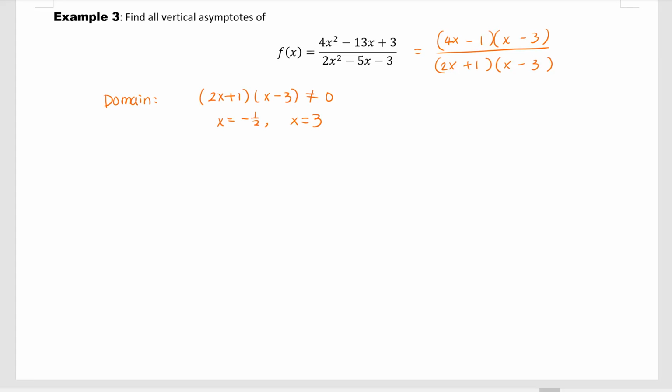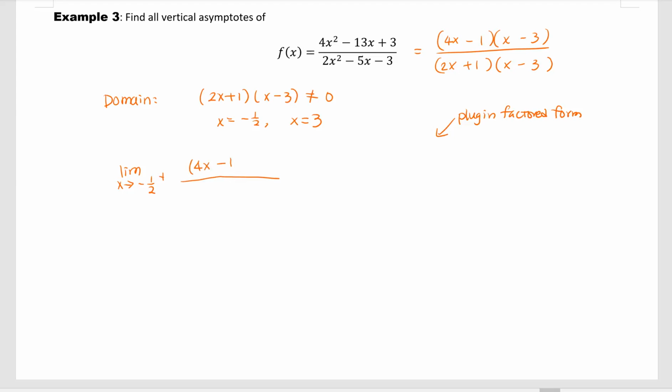Okay, and the next step, we have to check each of the numbers and compute the limits. And when you compute the limits, don't plug into the original form. Plug into the factored form.